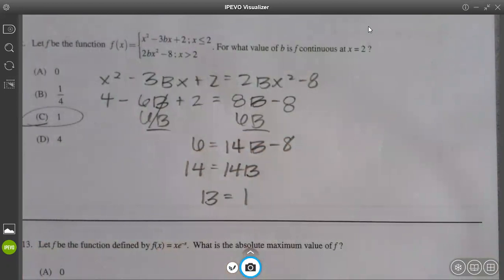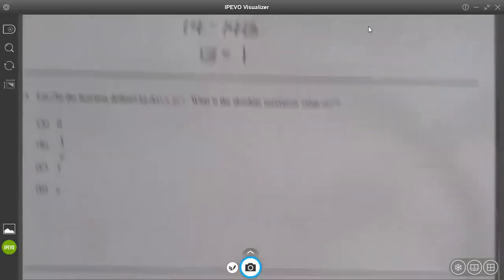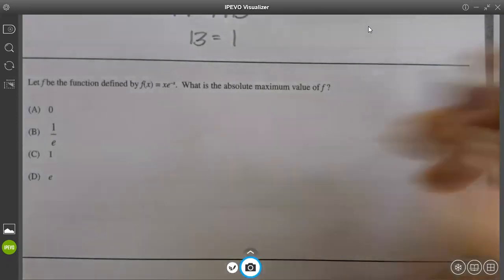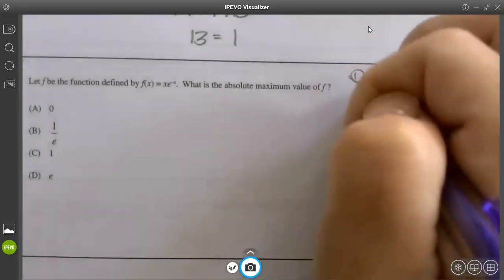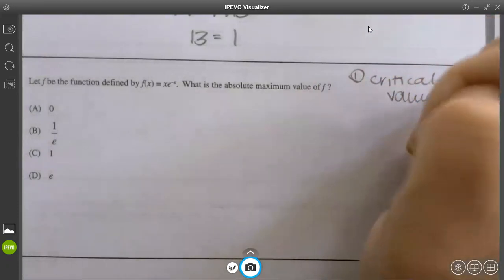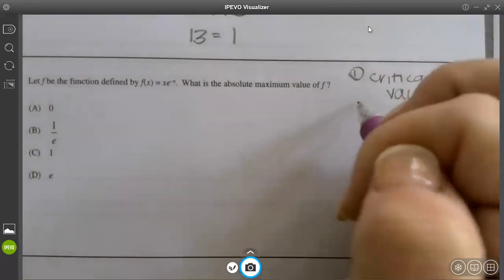How do we find max and min values? So we did this and we did this a bunch. We did it with a chart, and then we did it in the book. We didn't do it with this packet stuff. We didn't do it as a chart. The first thing you're going to do is find your critical values. Max and min will come up a lot.